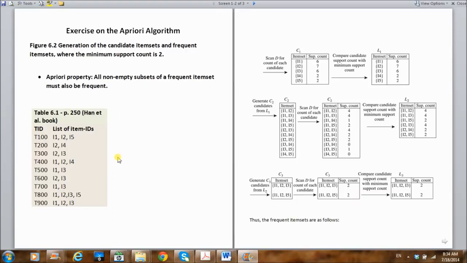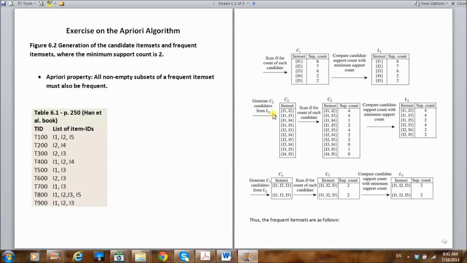When we generate the frequent item sets, we should have a minimum support count. In this exercise, let's use a minimum support count of 2. So to be significant, it has to appear at least twice in the transactions we are analyzing.